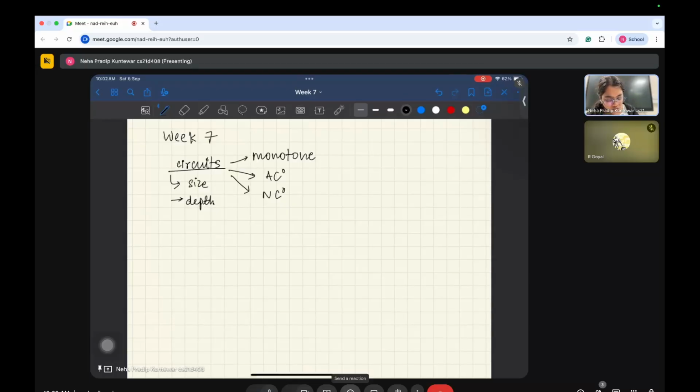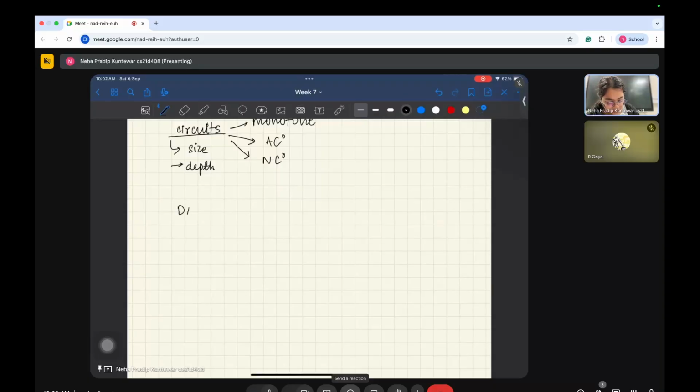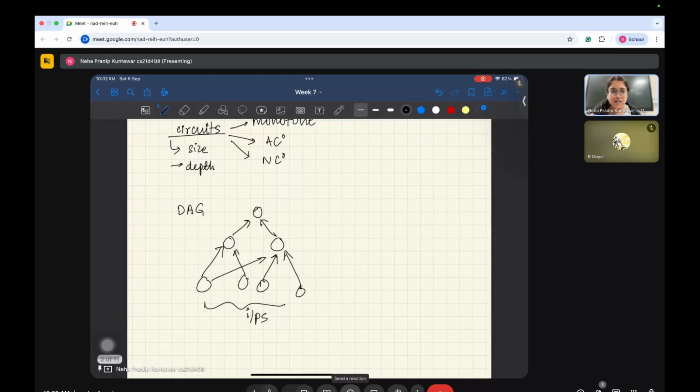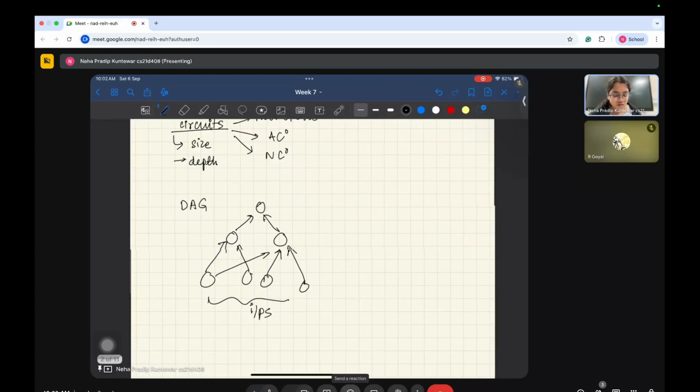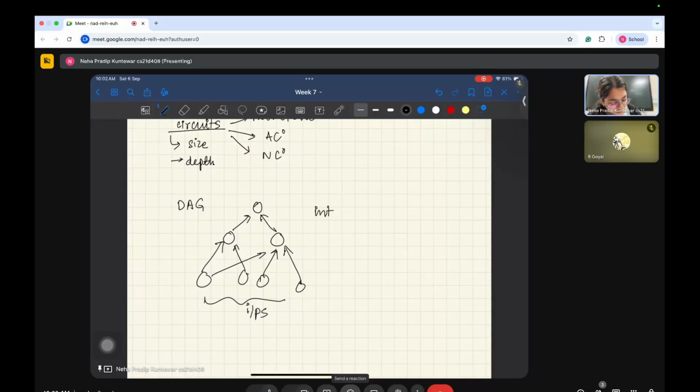So just to recall, a circuit is a DAG where you have nodes like these, and the leaves are the inputs for us, and all the other gates excluding the leaves, those are called the internal nodes, are labeled with gates.